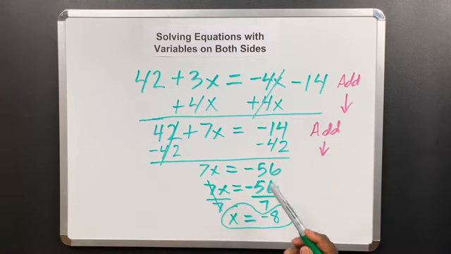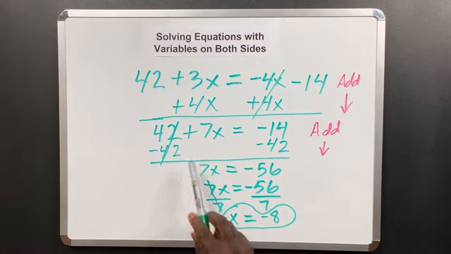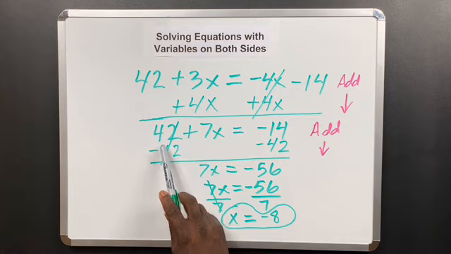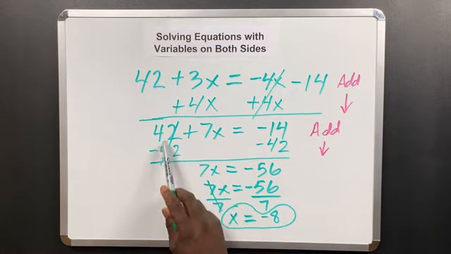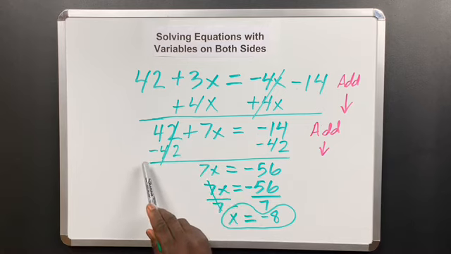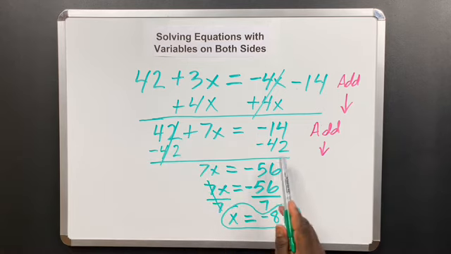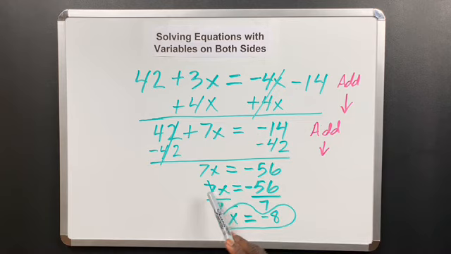We added down, and then we decided that we wanted to get rid of the 42, the constant, first, and then the 7 second. So we did the opposite of adding 42. We subtracted 42 from both sides of the equation. Then we ended up with 7 times x equals negative 56. We divided both sides of the equation by the coefficient 7, and then we have x equals negative 8.